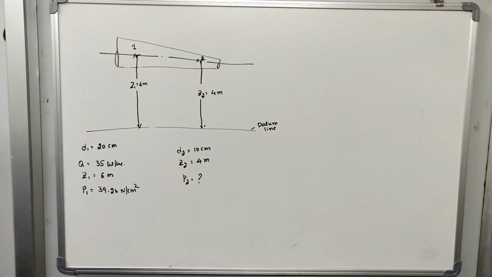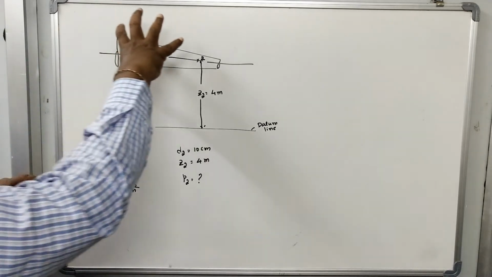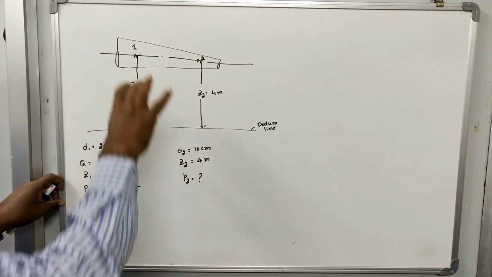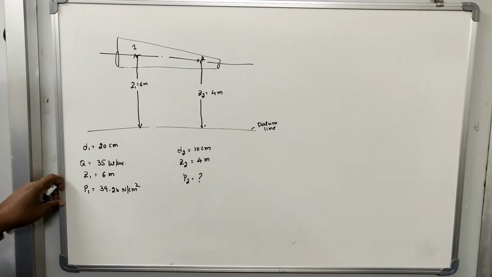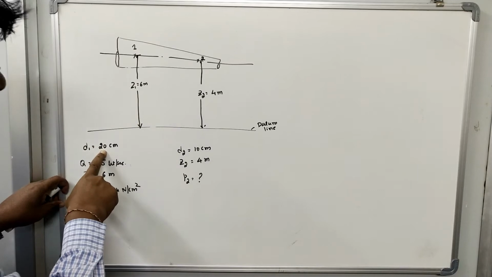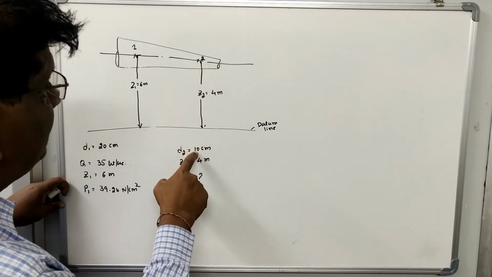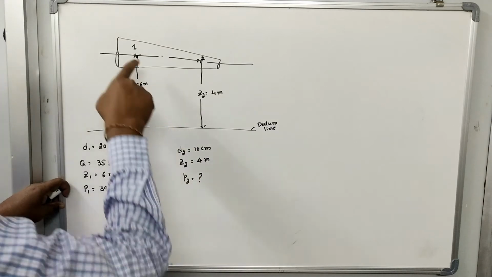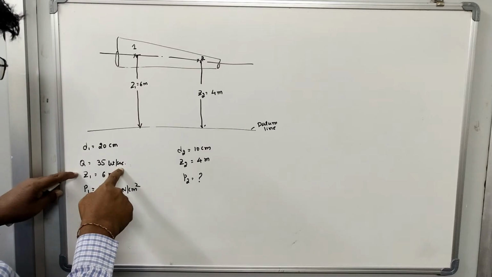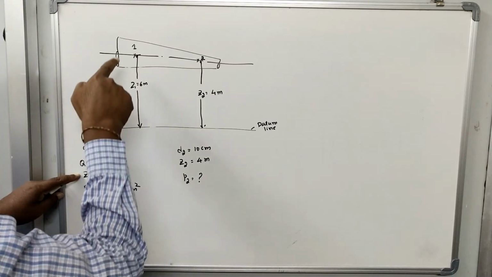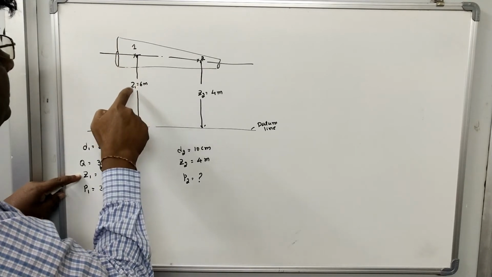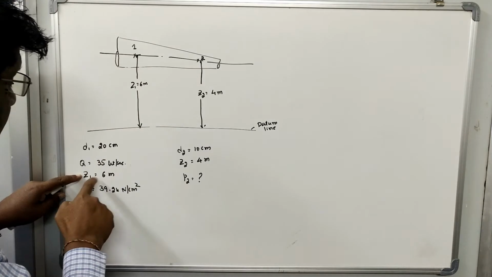Okay, friends, this is the physical problem here. It is a gradually varied diameter pipe. At section 1, the diameter of pipe is 20 centimeter. At section 2, diameter of pipe is 10 centimeter, and the rate of flow inside the pipe is 35 liters per second. Point 1 is 6 meter above the datum, that is Z1 is 6 meter.